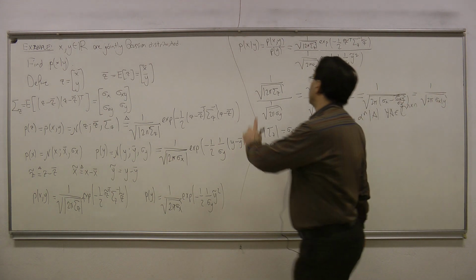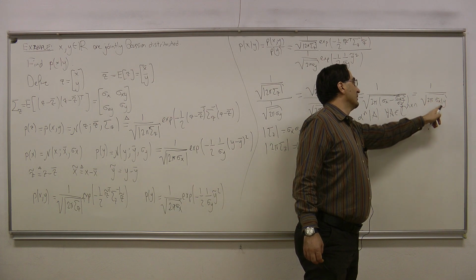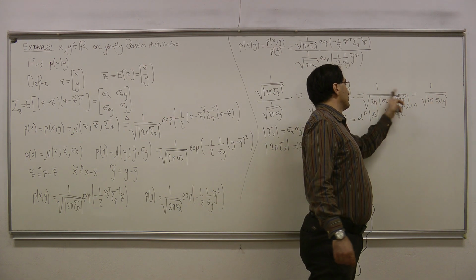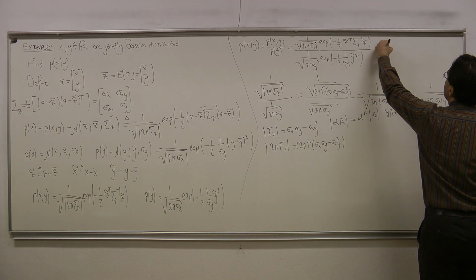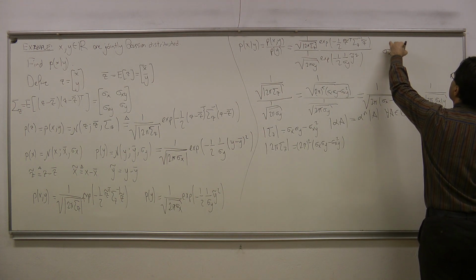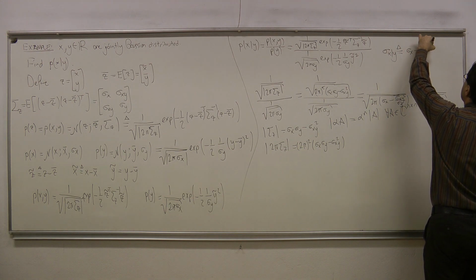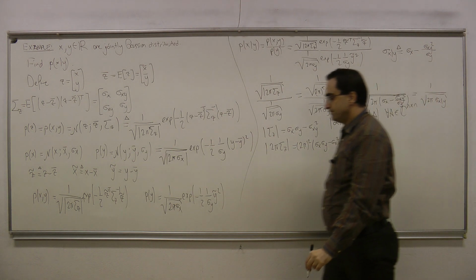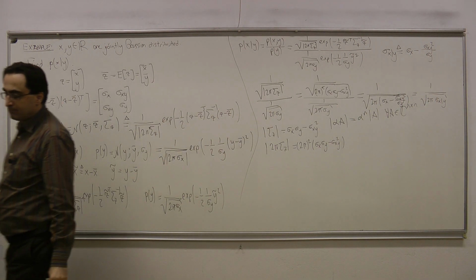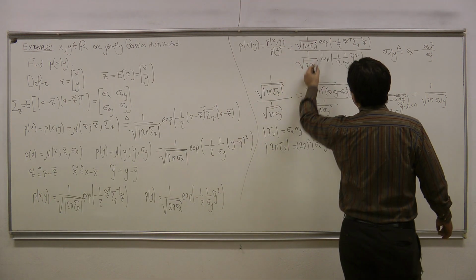So this ratio is nothing but 1 over square root 2 pi times another variance term, which is given by this. So here my definition for this number is sigma x given y is equal to sigma x minus sigma xy squared divided by sigma y. Okay? So now we have calculated this coefficient here.